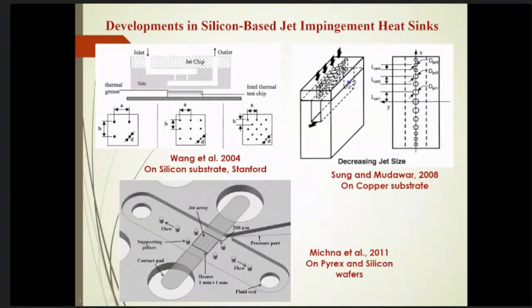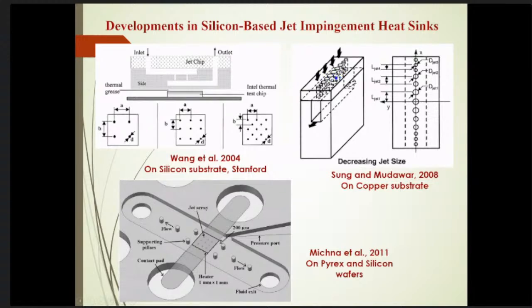Further, there are other designs to make it more efficient. When the jets are striking in the channel and the fluid is flowing, different sorts of arrangements were researched, like whether we can change the jet diameter.